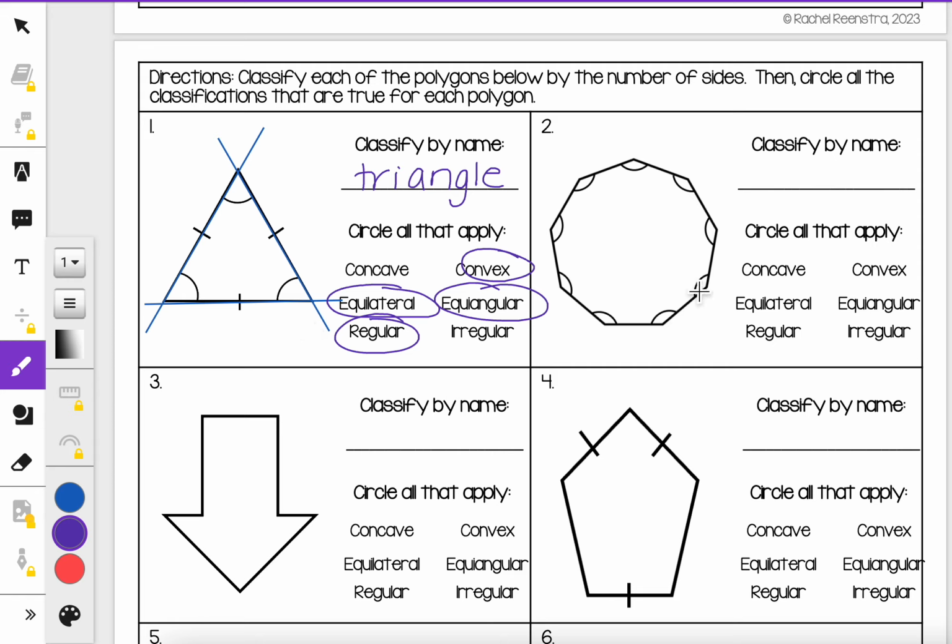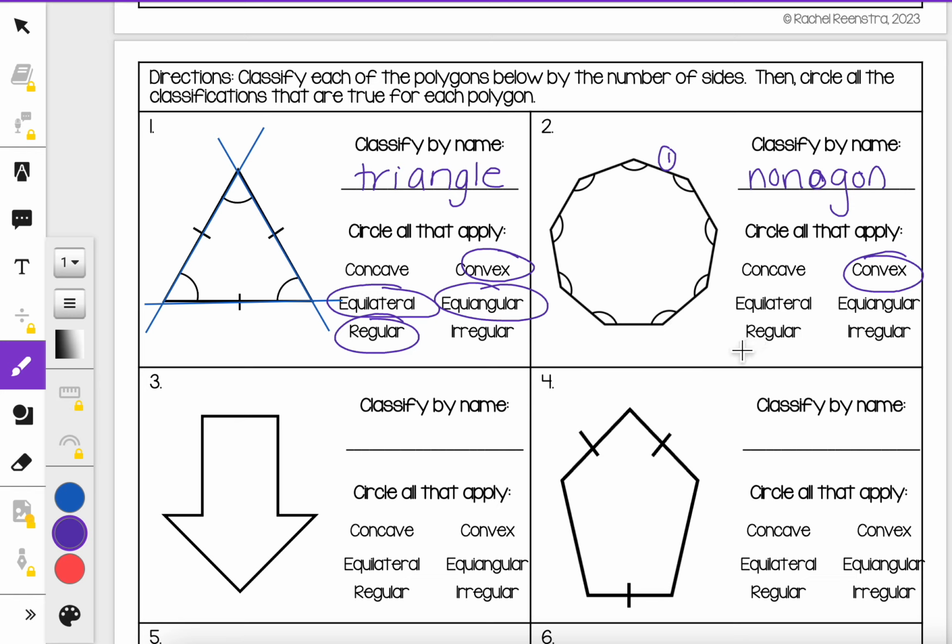Okay. Number 2, if we wanted to name this polygon by the number of sides, I'm going to start here and count: 1, 2, 3, 4, 5, 6, 7, 8, 9. So 9 sides means this is a nonagon. If I extend each of these sides, none of them are going to intersect inside that nonagon, so this is convex.